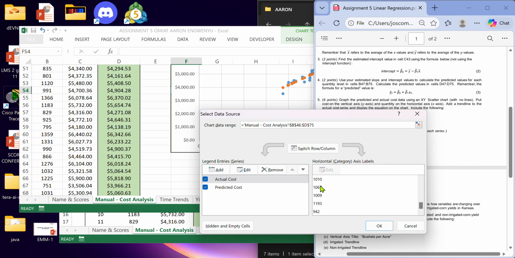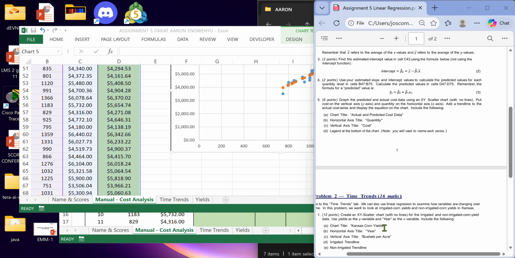I think this is okay. So you see, we have the horizontal. Yeah, this is fine. So the graph will have two series on the y-axis, both the predicted and actual costs, and on the horizontal axis we shall have the quantity, which we have plotted successfully.